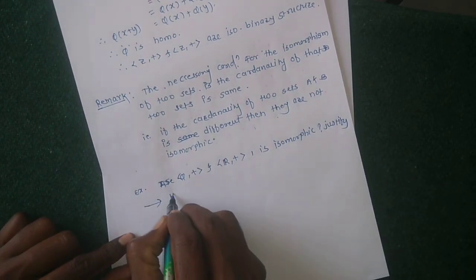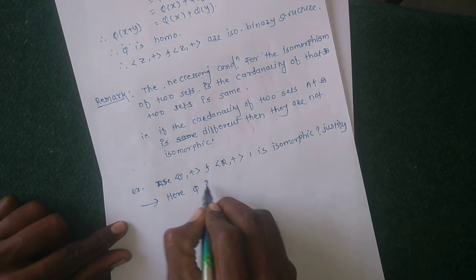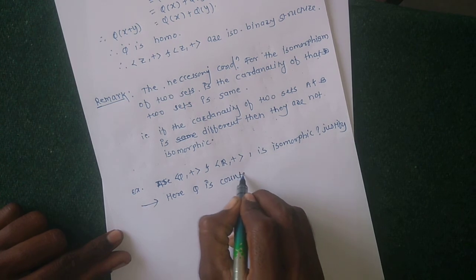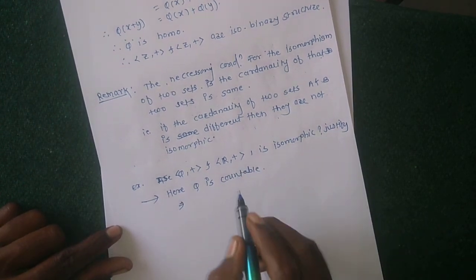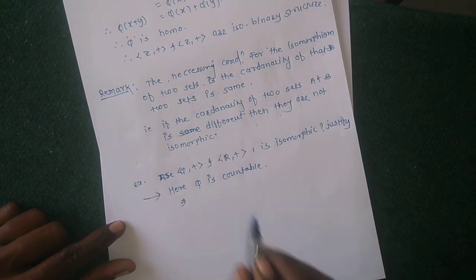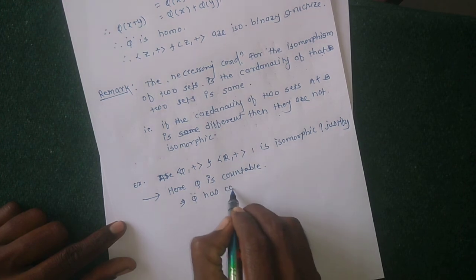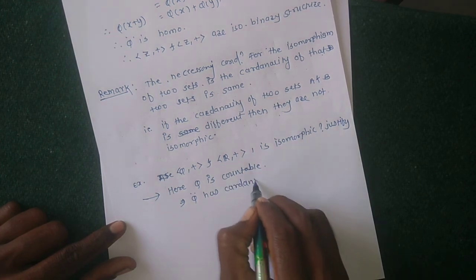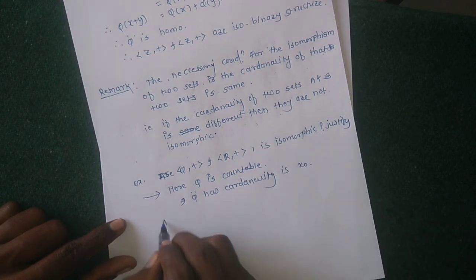Here the given set Q is countable, which means that it has some cardinality. Suppose Q has cardinality aleph naught.